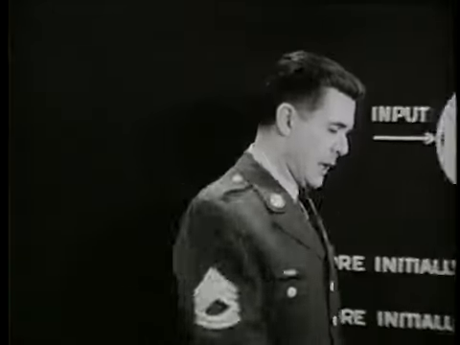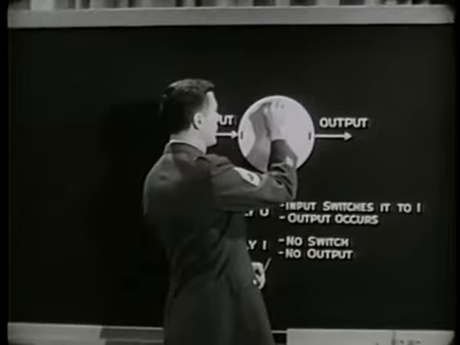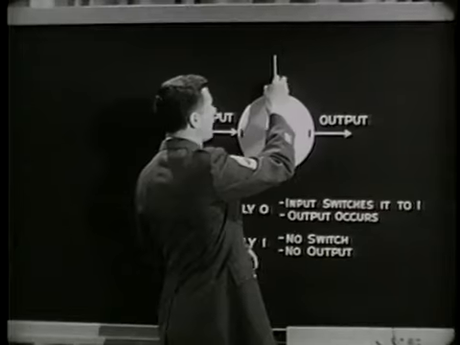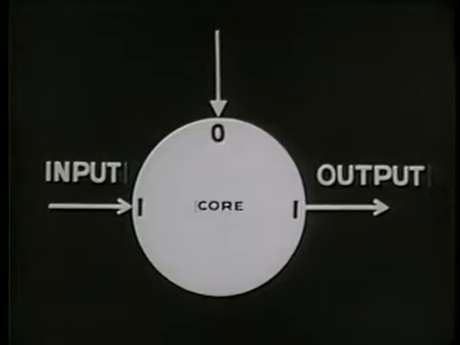Other symbols used for logical diagrams are just as simple. For example, if we wish to show an input that will set the core to 0 using direct current, the arrowhead is closed. In our discussion, we've been dealing with pulse current, shown by open head arrows.